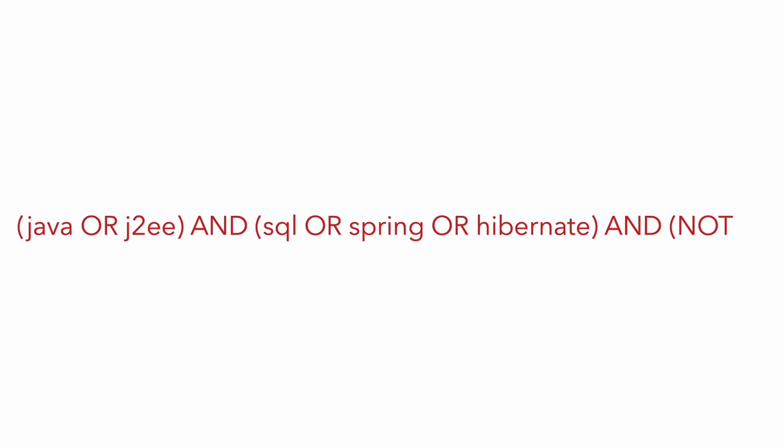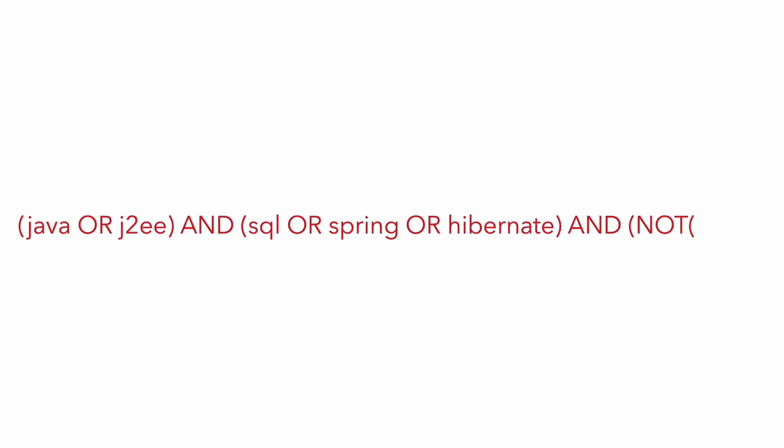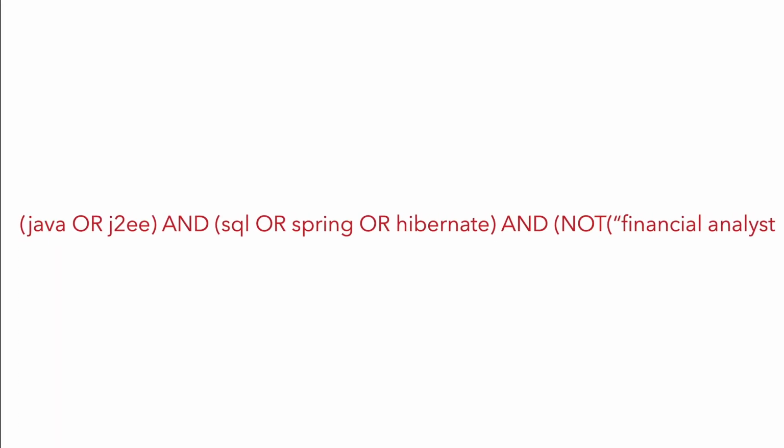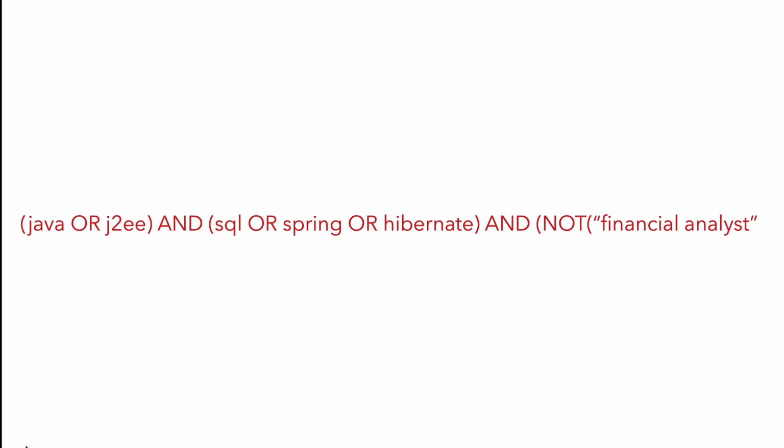In this case, let's remove candidates who are financial analysts. Because financial analyst is 2 words, you will need to use the quotation marks on either side. Use the quotation marks anytime you have spacing or punctuation. For example, .NET, Amazon Web Services, and .js all need to be in quotes because they have spacing and punctuation.